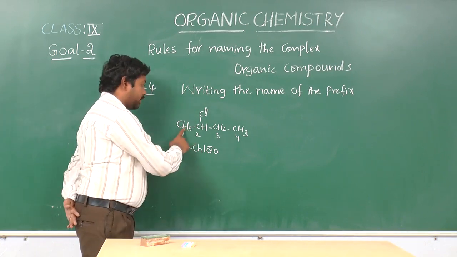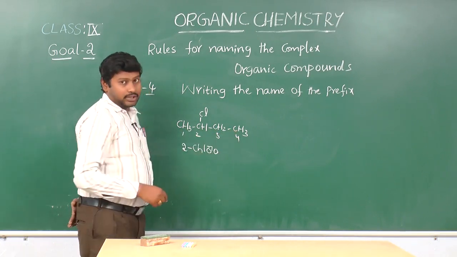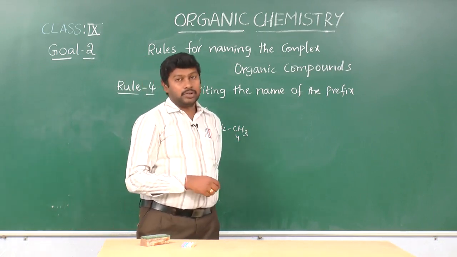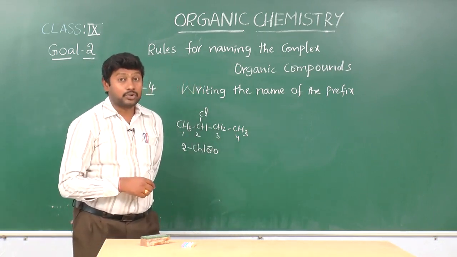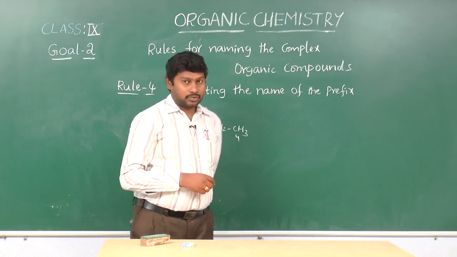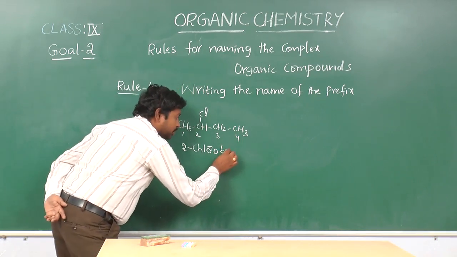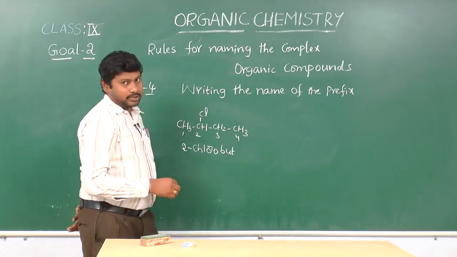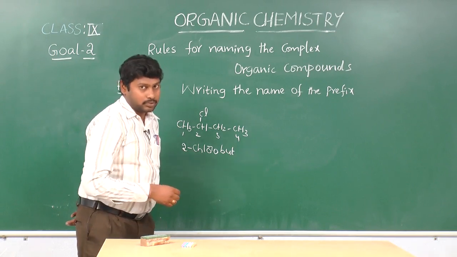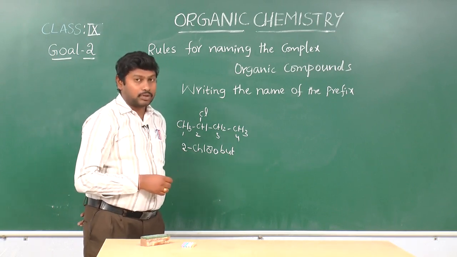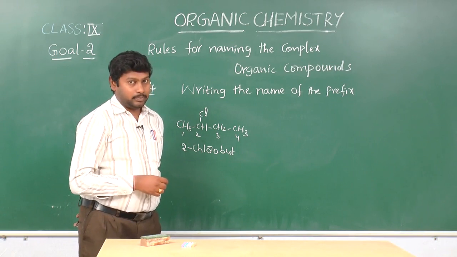And according to the longest chain, here the longest chain contains 4 carbon atoms, and what is the root word? But. So, but, and it contains all single bonds, and it is a saturated compound, and for the saturated compound the primary suffix is -ane.